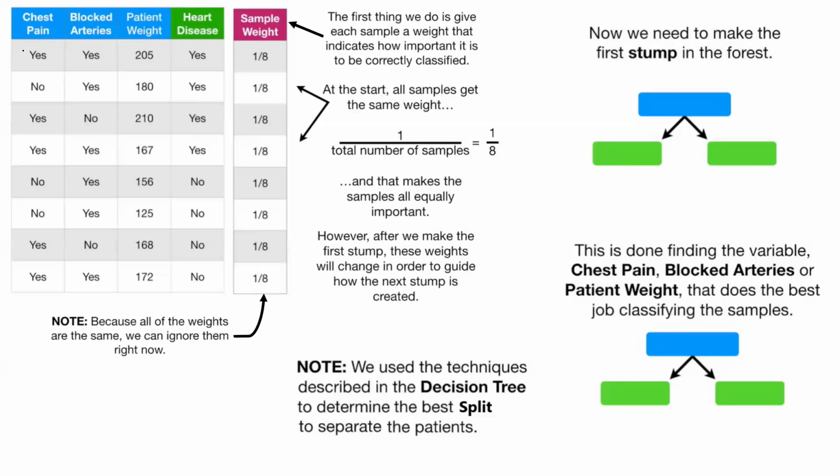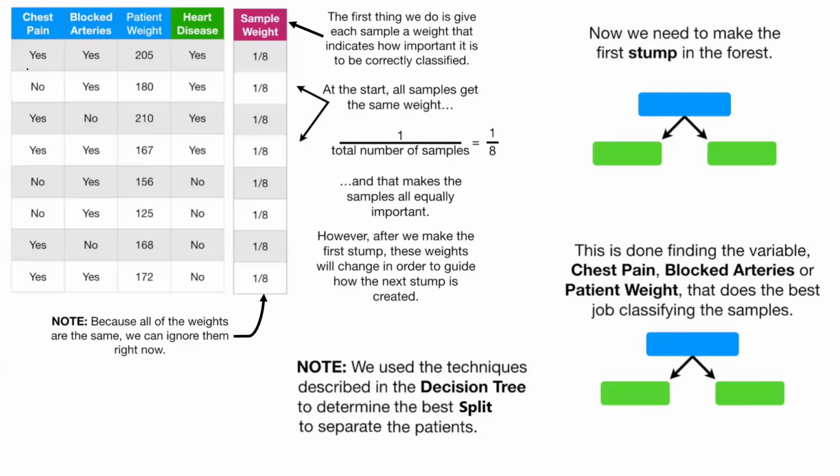Only when we go to the second stump will we know which have to be given higher weightages, that means whichever are wrongly classified. But in the first stage, every record will have the same weightage. We have the same responsibility of rightly classifying every output, because this is the first stump that we are going to create.